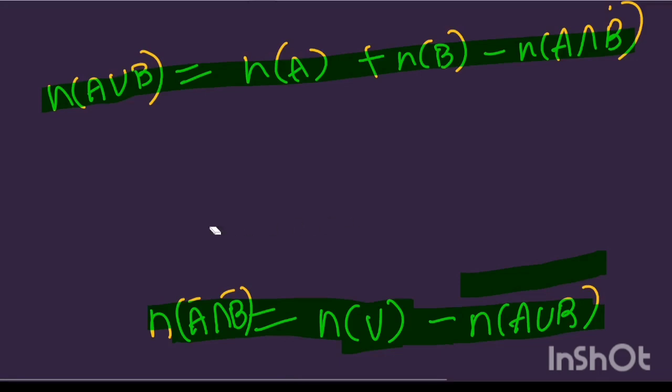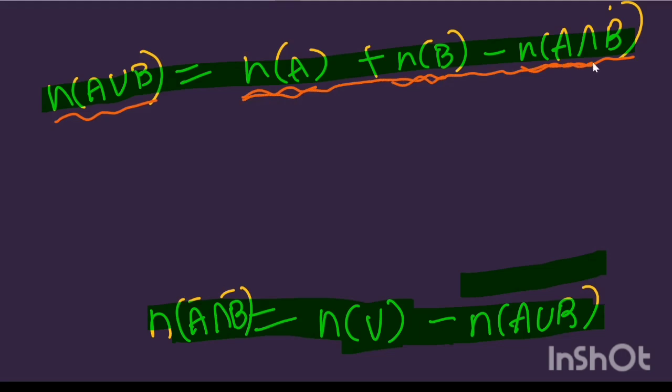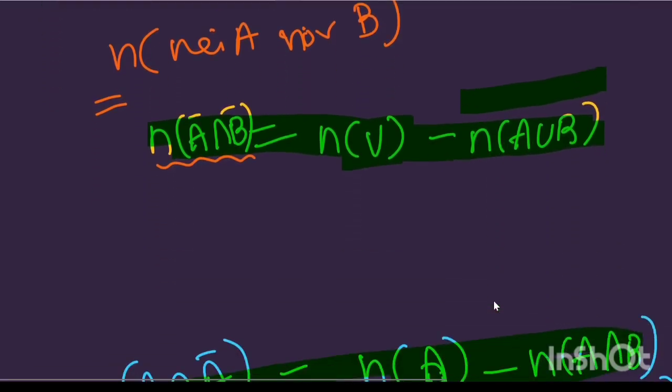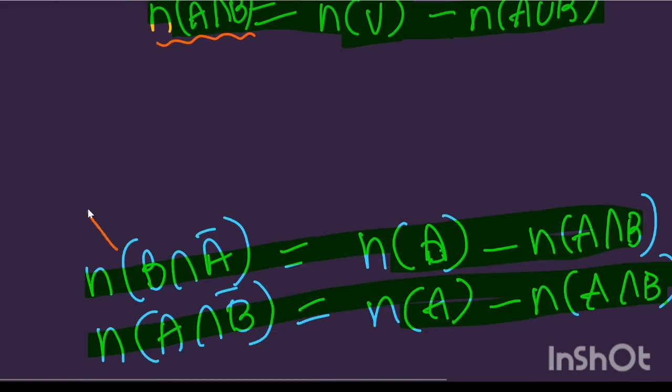So guys, the results that are useful are these. n A union B can be expressed in terms of nA, nB, nA intersection B as nA plus nB minus nA intersection B. Similarly, n of A bar intersection B bar, which we call n of neither A nor B, is nU, that is the total, minus n A union B. Now the next is nB intersection A bar.